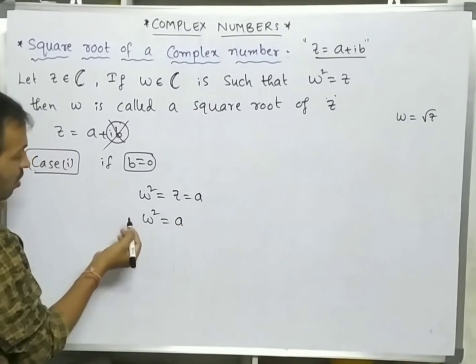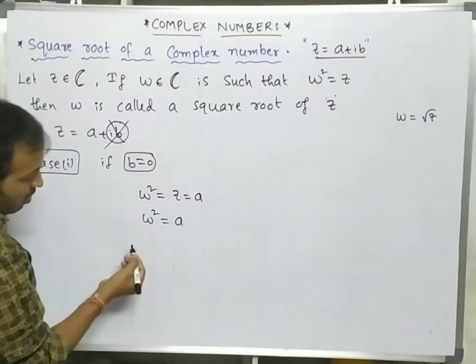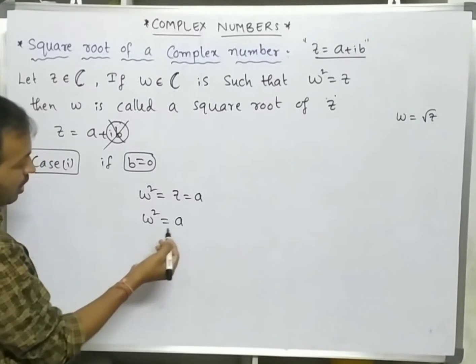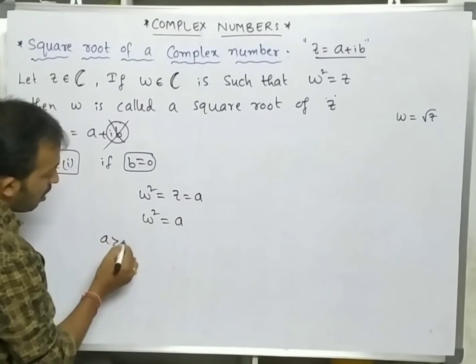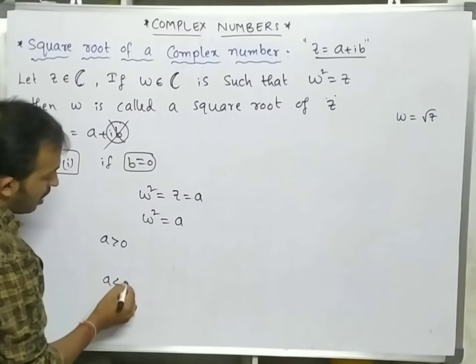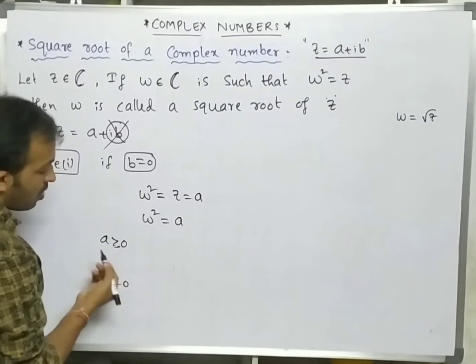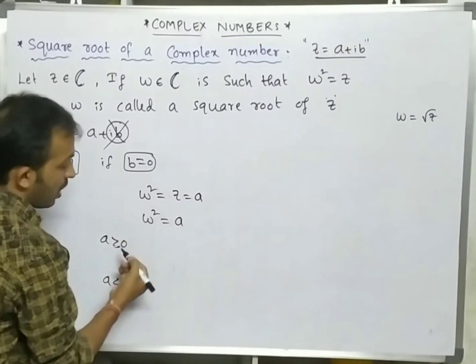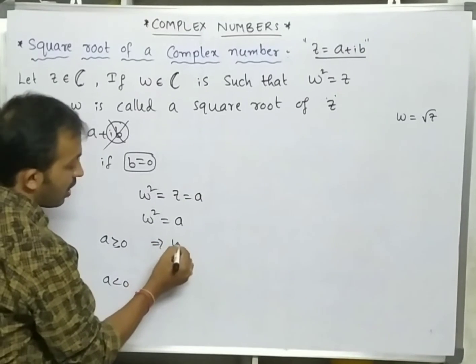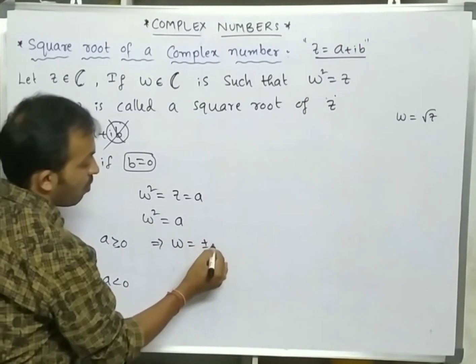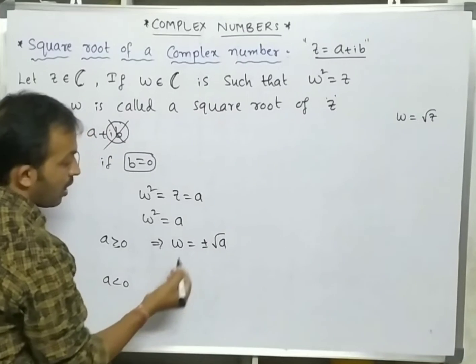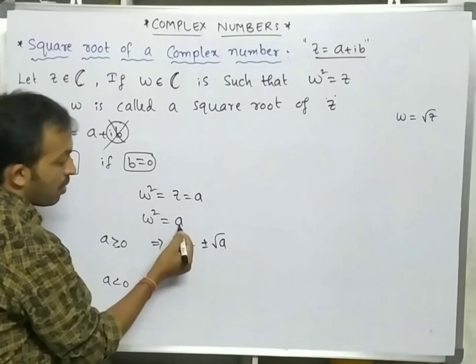Now here we have two cases. One is a may be positive, a may be negative: a greater than or equal to 0, a less than 0. So if a is positive, in this case w is equal to plus or minus root a. Here a is a positive real number, right?